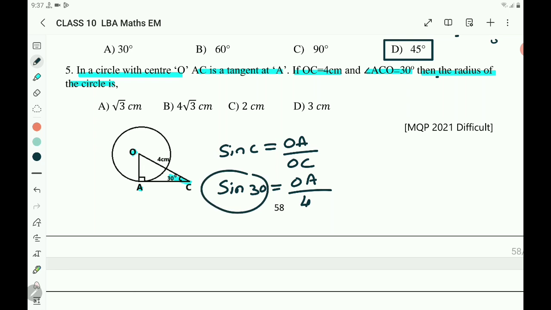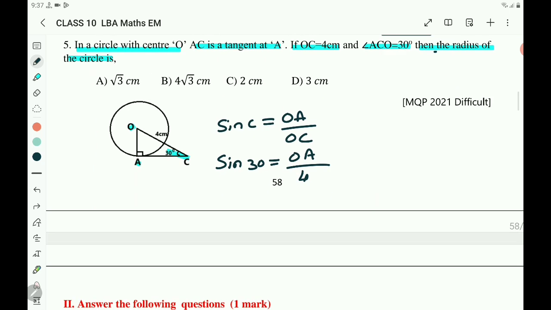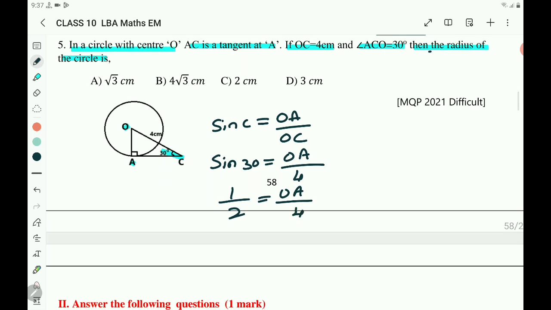Then what is the value of sin 30? Sin 30 is 1 by 2 equals OA by 4. Do the cross multiplication. 1 into 2 is equal to OA. So OA is equal to what? 2. OA is equal to 2 centimeter is the answer.